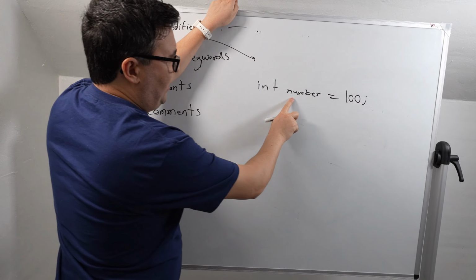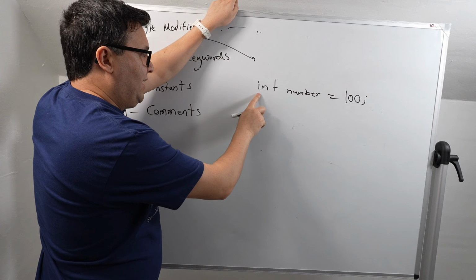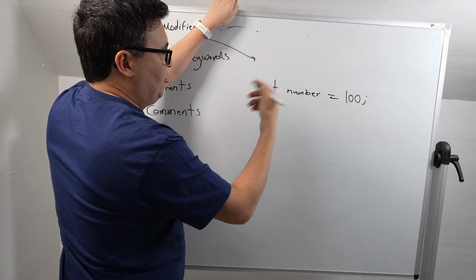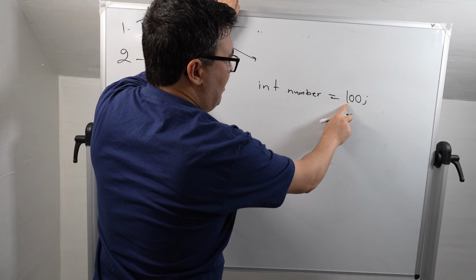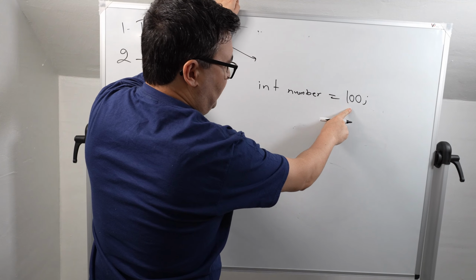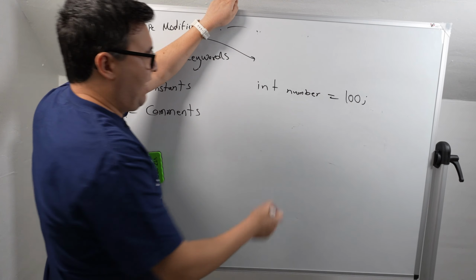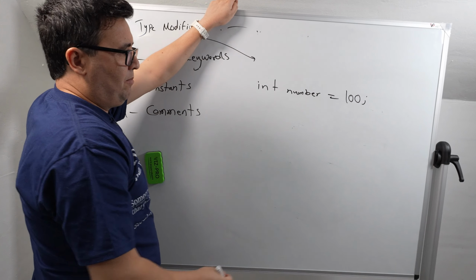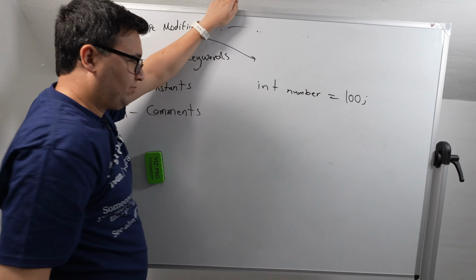We defined a variable called number, and its data type is integer. It means this number can only store whole numbers, and the value stored inside this variable is 100. If we cout this, it will print out 100.